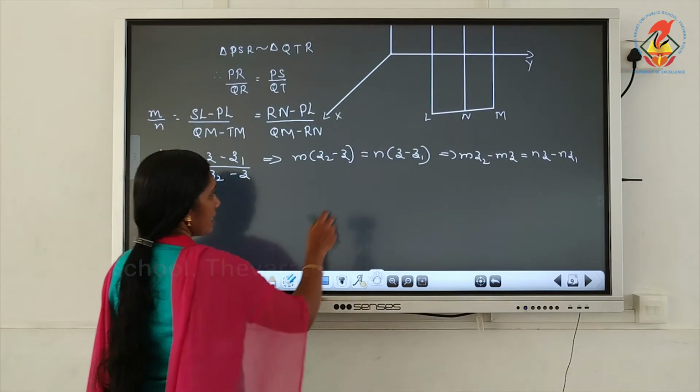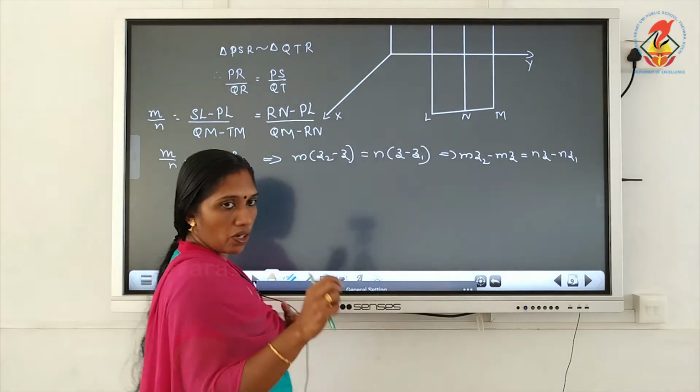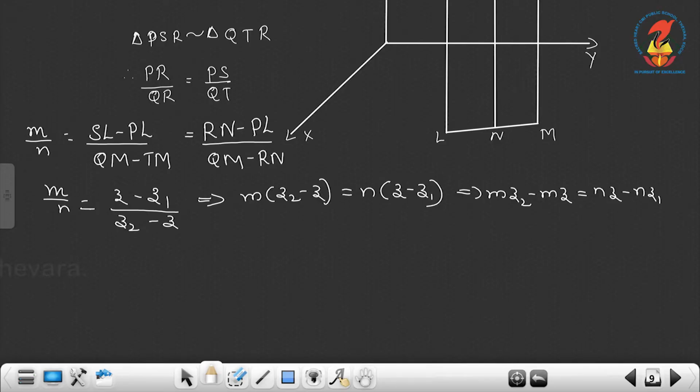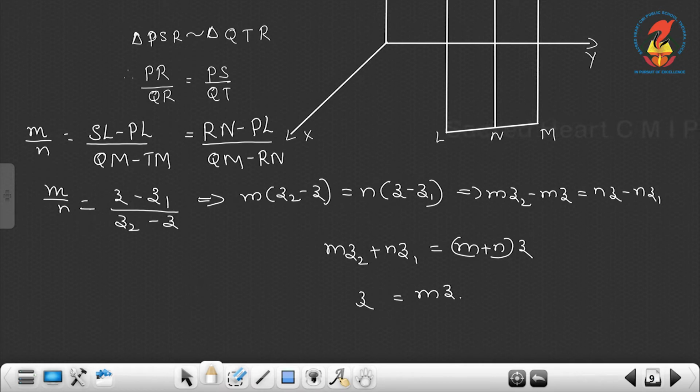Z means the z coordinate of R, that only we have to find. So take nz1 to the left side, mz to the right side, so (m plus n) of z. So the z coordinate is equal to (mz2 plus nz1) by (m plus n).